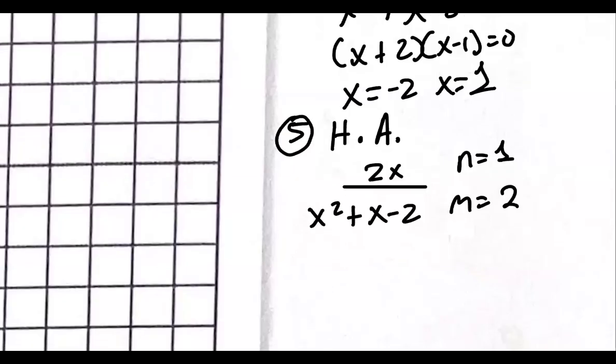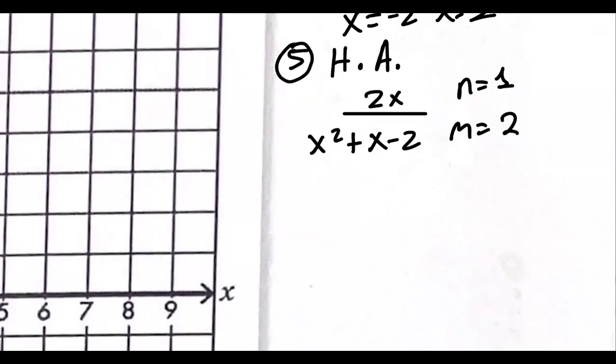So what happens when the bottom one is bigger than the top? There you go, it's equal to 0. So my horizontal asymptote is 0. So when m is, oops, should be the other way. When m is greater than n, my horizontal asymptote is y equals 0.